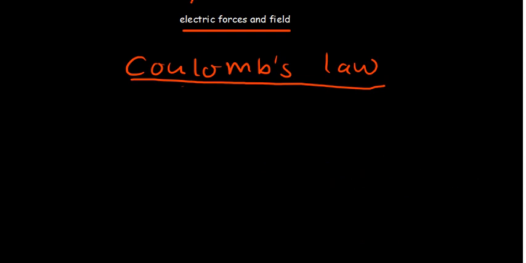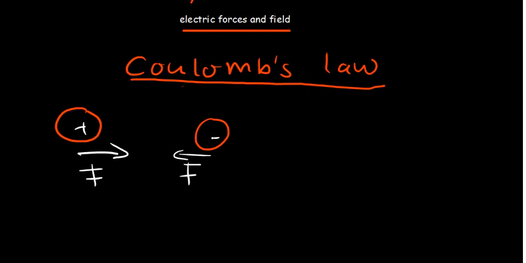Let's say we have two charges, positive and negative. We know that they are going to exert a force going in that direction. So we have Q2 and we have Q1.